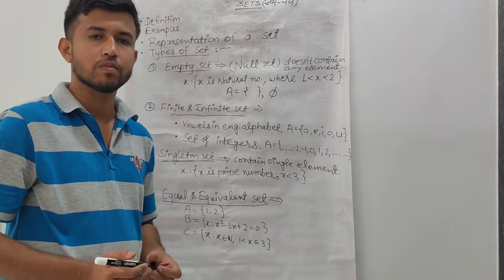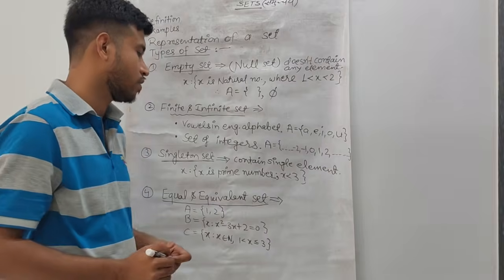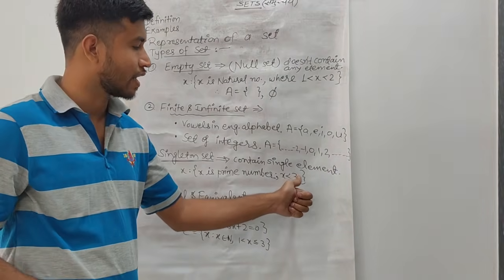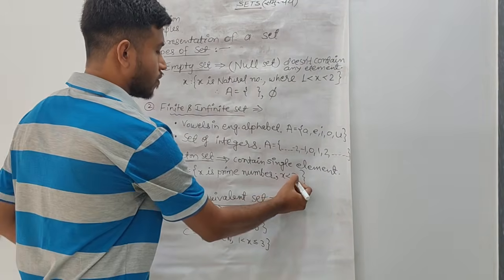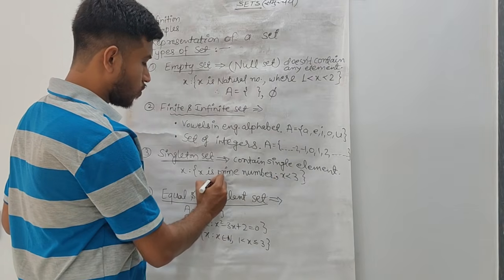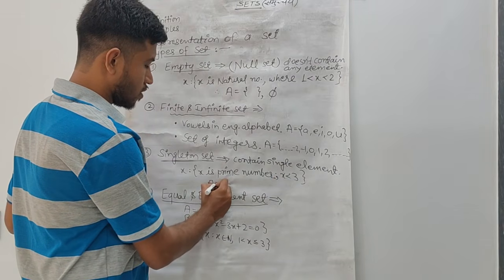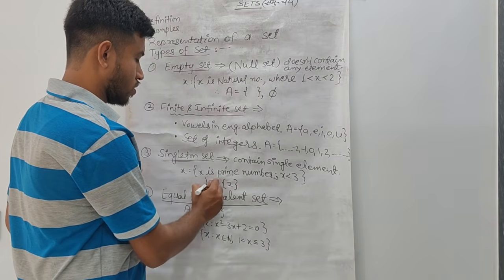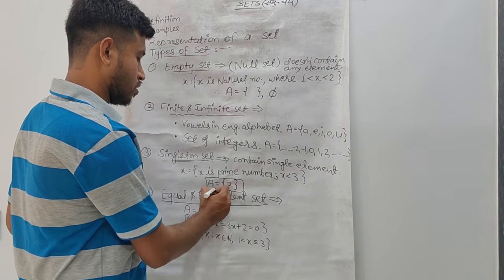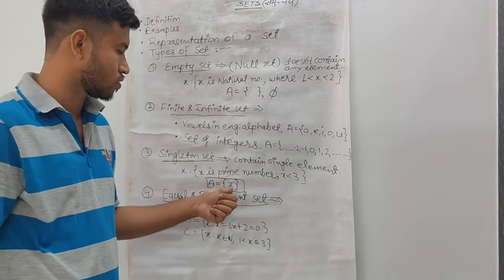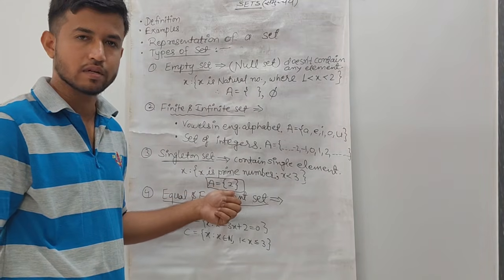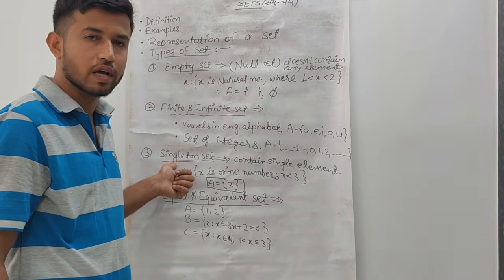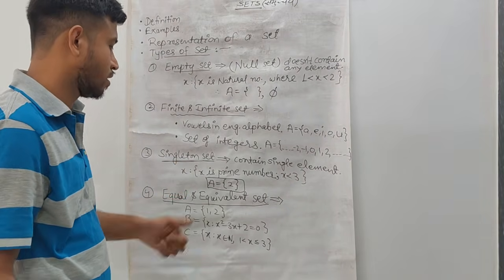We know the prime numbers 2, 3, 5, 7, but here x is less than 3. So the set is introduced as A is equal to 2. This is our set. It contains only one element, so it is called a singleton set.